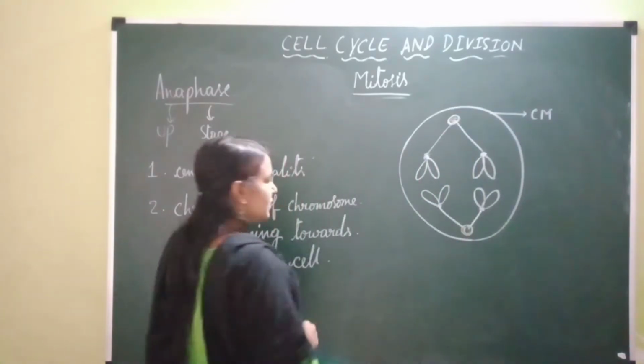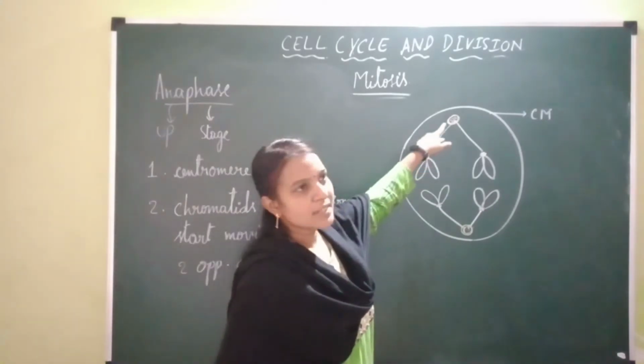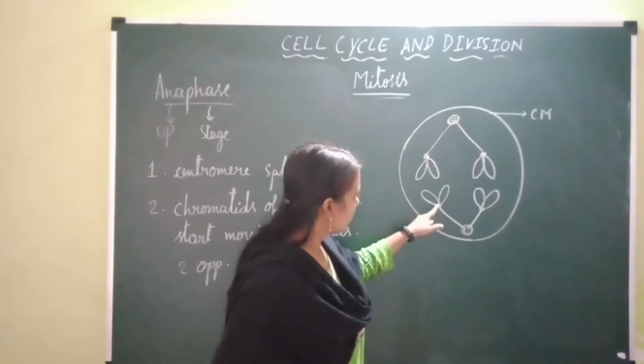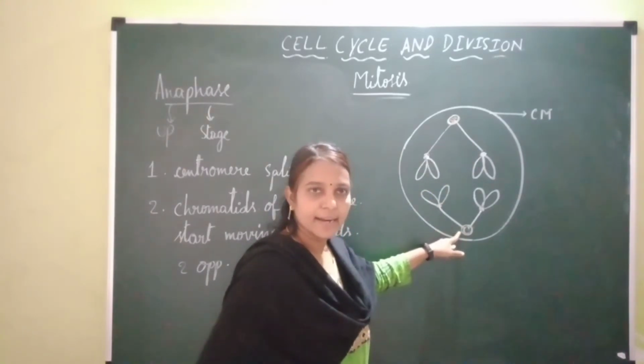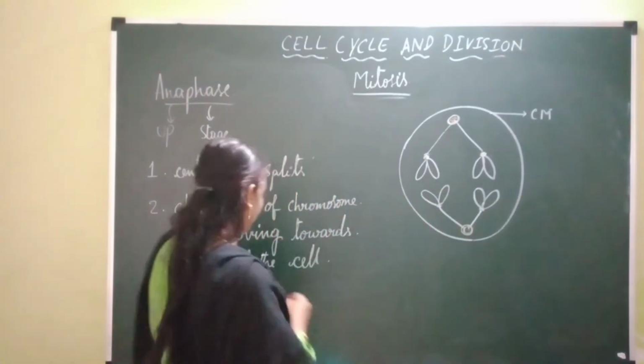During this movement of chromosomes, the centromere is towards the leading edge. Here also the centromere is at the leading edge, whereas the arms are trailing behind the centromere.